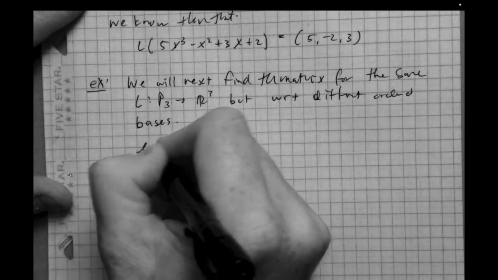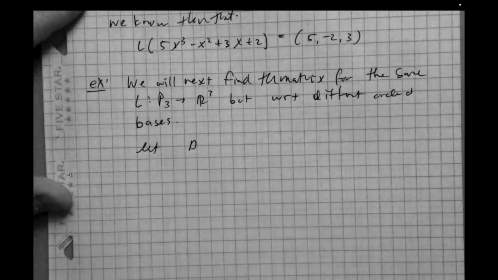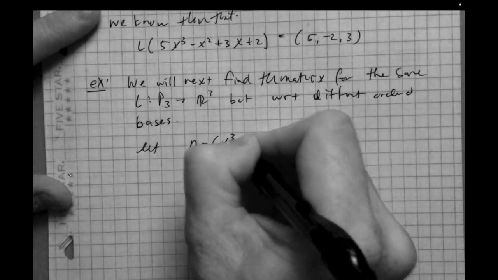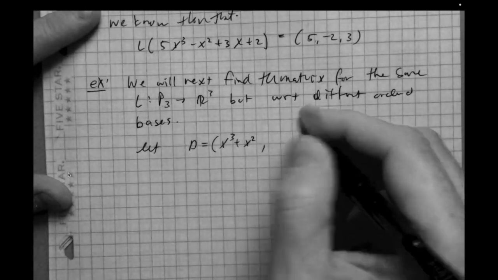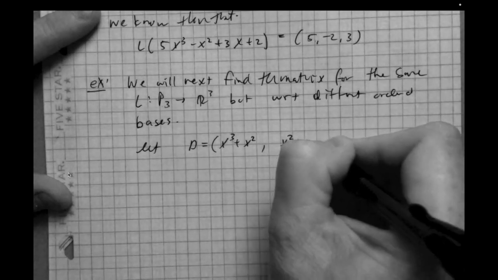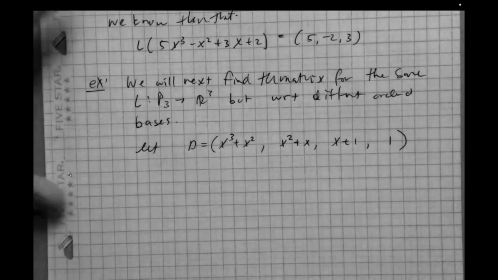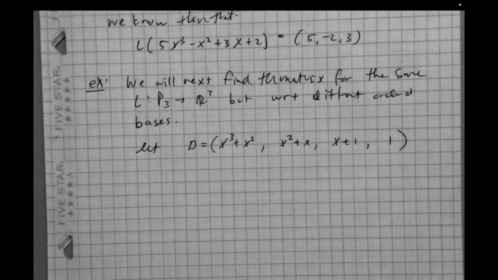All right, so let our domain basis D be x cubed plus x squared, then x squared plus x, then x plus 1, and then just 1. A more complicated basis, right?